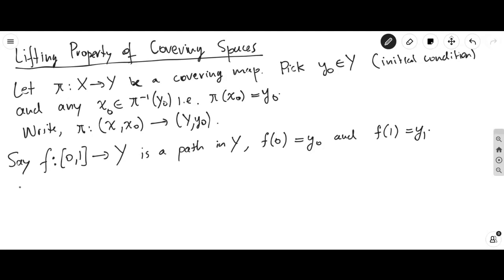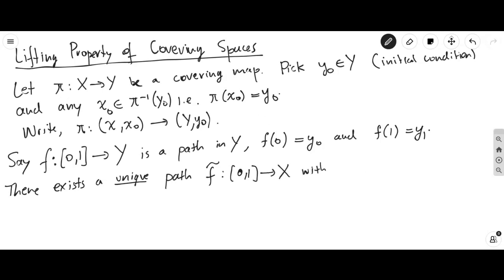And there exists, so this is the property, there exists a unique path. And the notation that people use is they just put a tilde on it. So f tilde from [0,1] into the covering space with f tilde of 0, so the initial point goes to x0. So this is the point in the fiber.